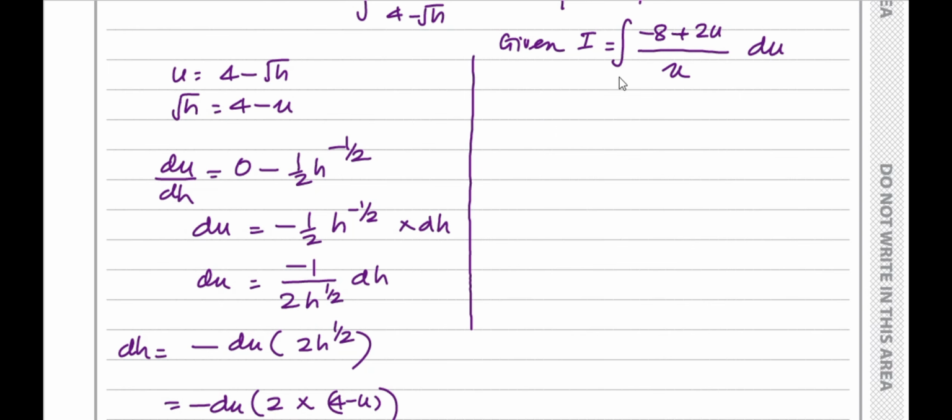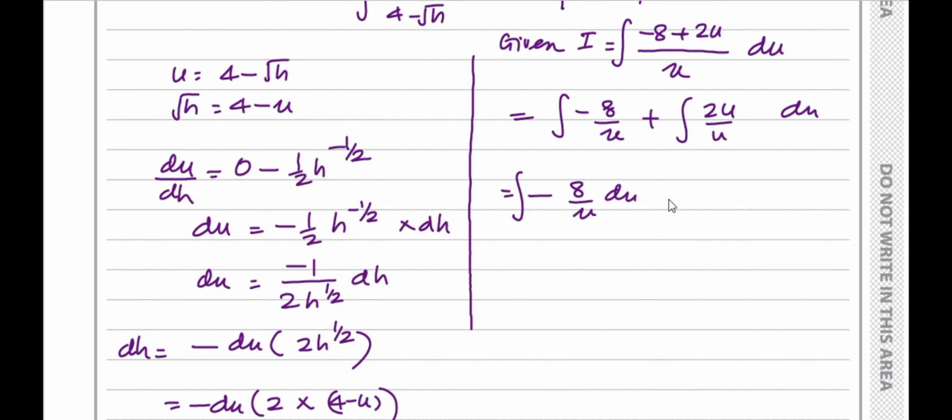Let's split this fraction into the integral of minus 8 over u plus the integral of 2u over u du. That is equal to the integral of minus 8 over u du plus the integral of 2 du. Integrating this we get minus 8 ln u plus 2u plus a constant c.